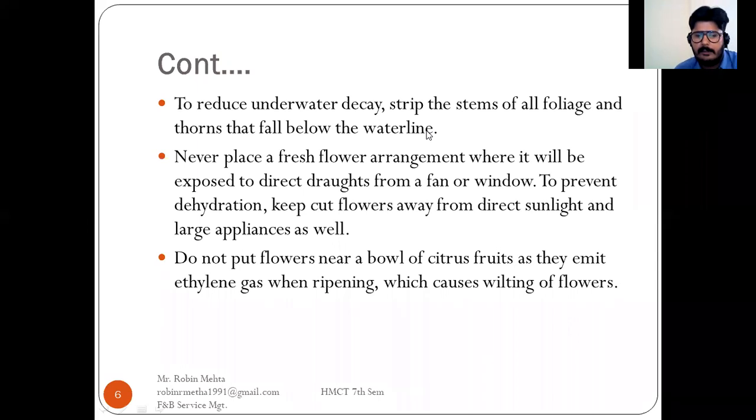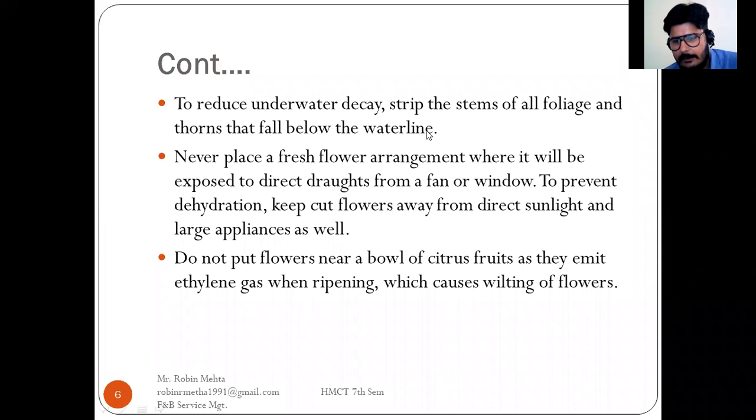Whenever we are putting the flower arrangement at any place or surface, we try to avoid places where citrus fruit or that kind of material is present. We avoid putting the flower arrangement near them, because they create ethylene gas, which may ripen the plant.